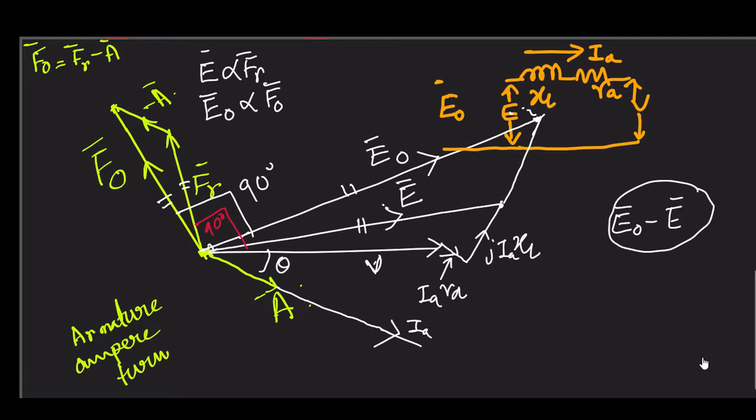Now these two are 90. Now let us see what is the common angle that both angles contain.